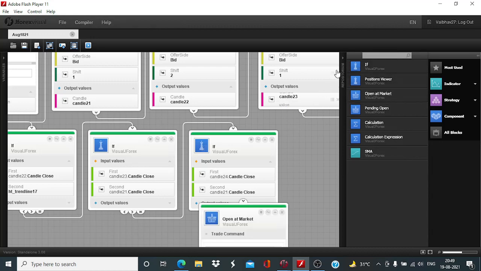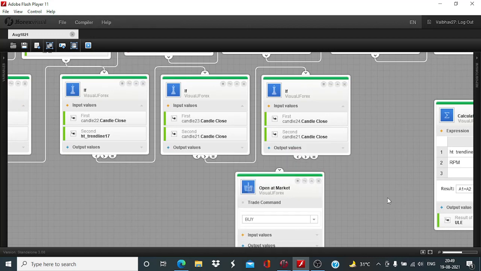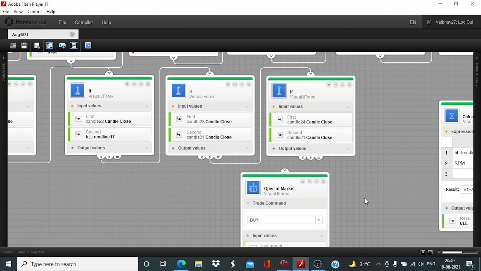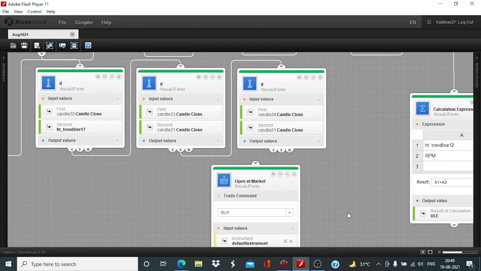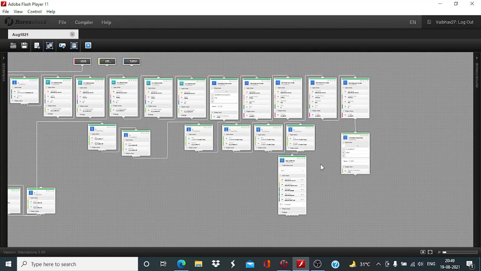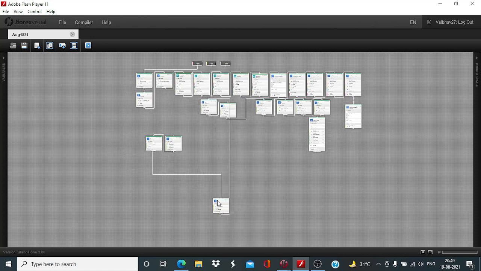and after this comes in the open at market block. Candle 24 candle close, first input less than second input. Okay, so with this we have defined the conditions for the execution of the buy trade.